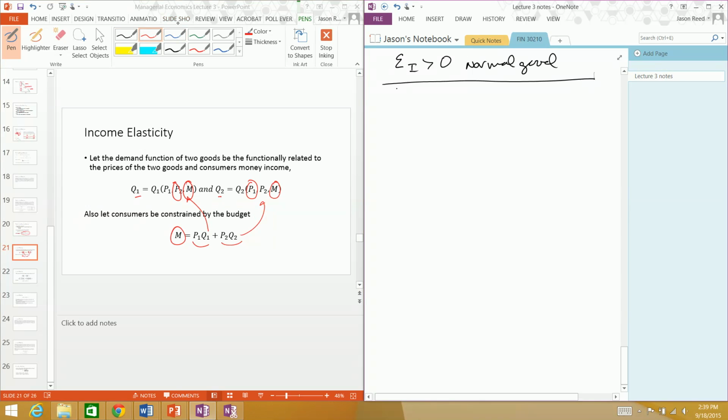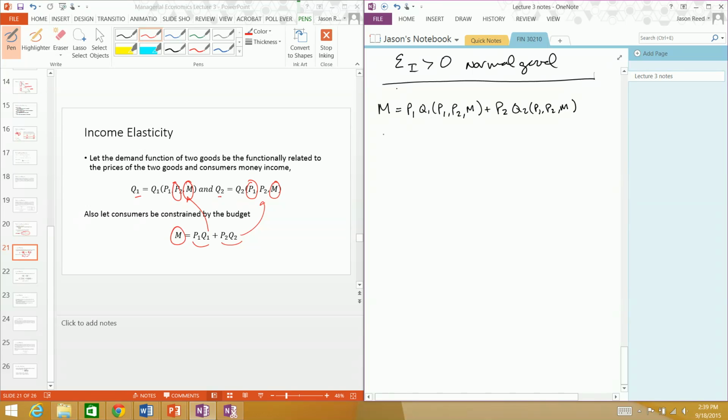So if we want to rewrite this in a much more formal way, we can say that m is equal to P1 times Q1 of P1, P2, and m, plus P2 times Q2, which is a function of P1, P2, and m. And now we can see that the partial derivative will be affecting Q.